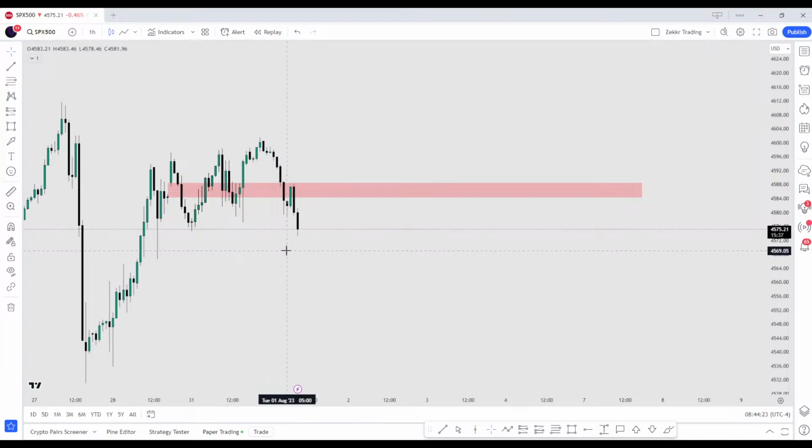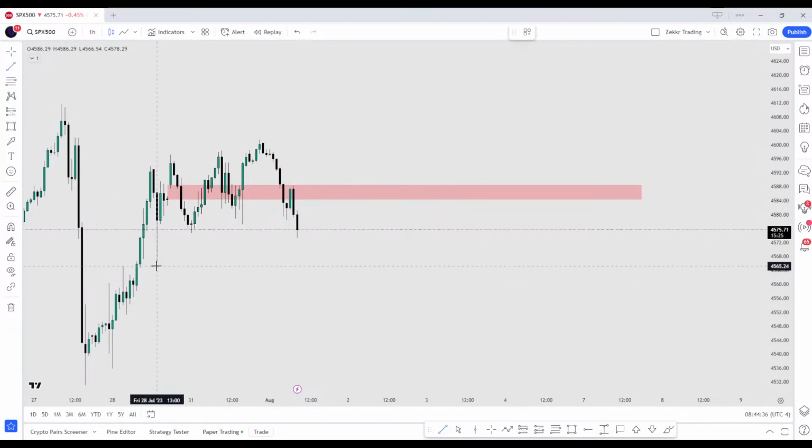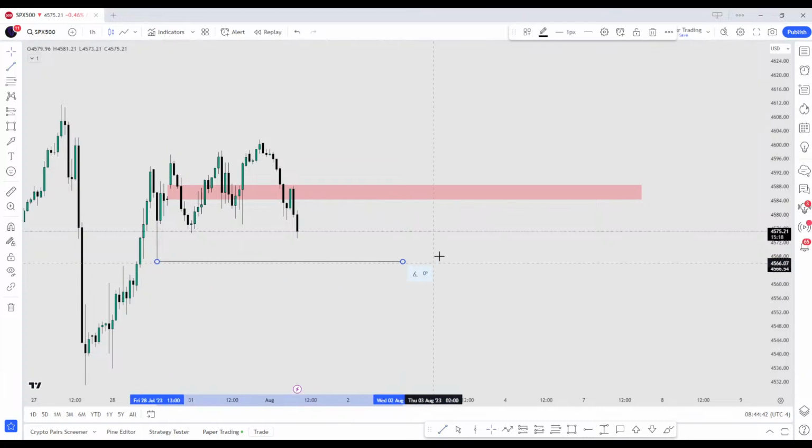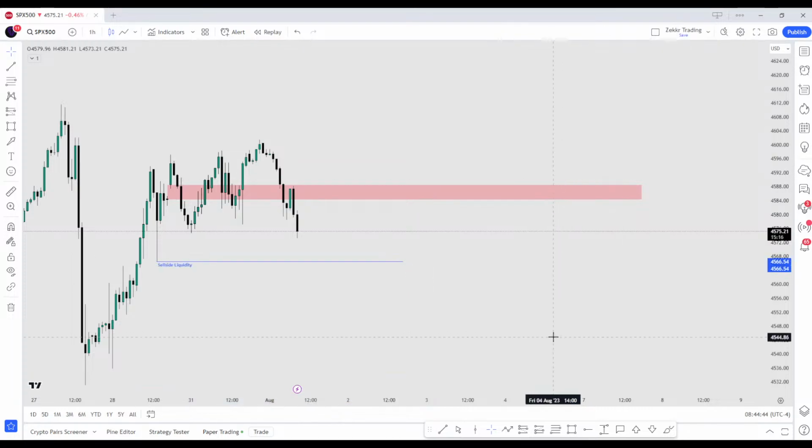And the dual liquidity could be right here, because it's the first low formed after this big push. And this is also the lunch liquidity or PM.